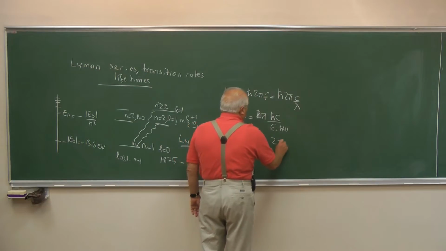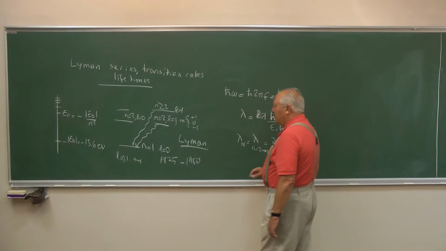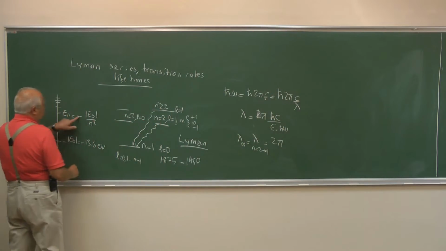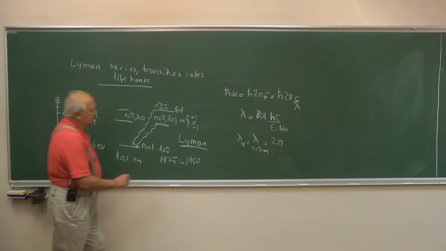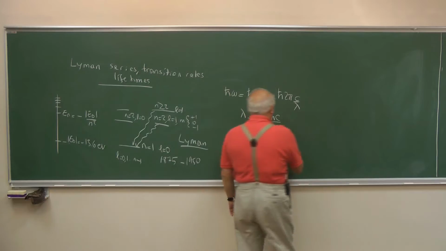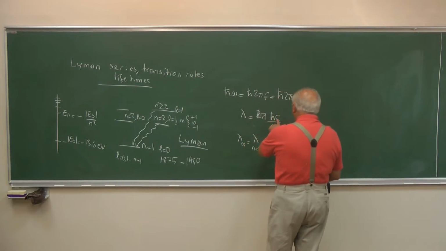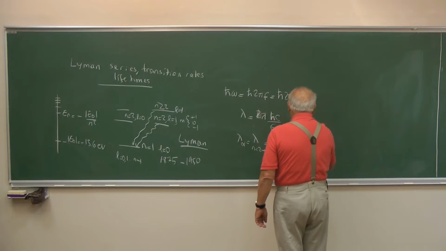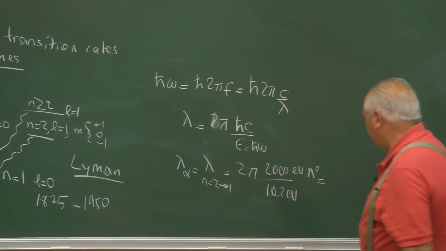This is 2 pi times h bar c over the energy difference between the first and the second levels. So this is 13.6, this is 3.4, so 10.2 is the difference, divided by 10.2 electron volts. And h bar c is, roughly speaking, 2000 electron volt angstrom. We are just trying to make an order of magnitude calculation, not an exact one.